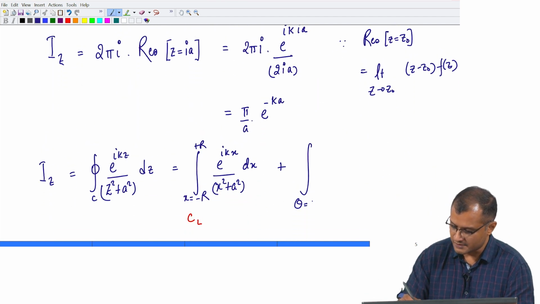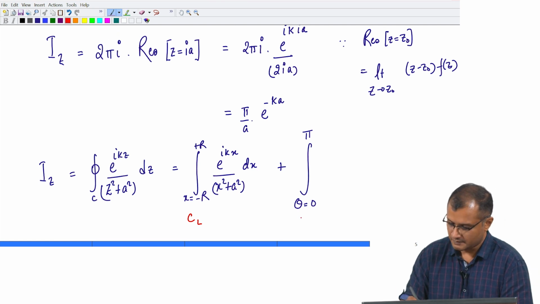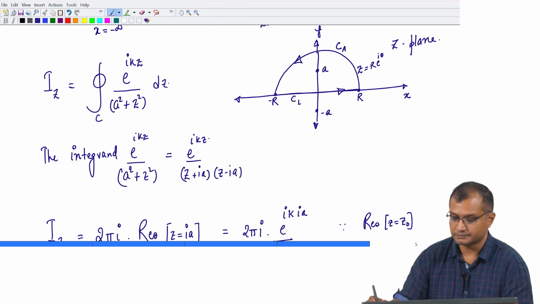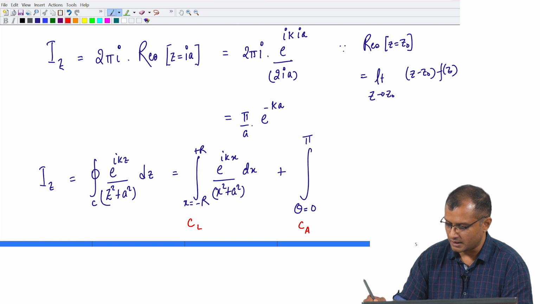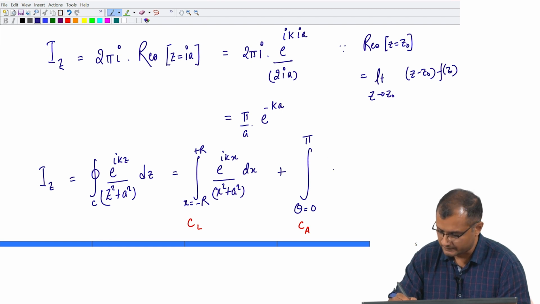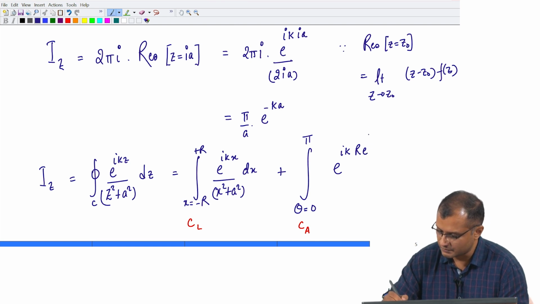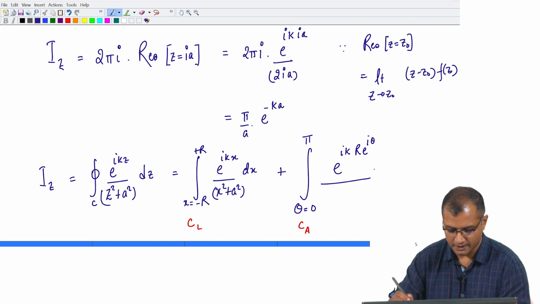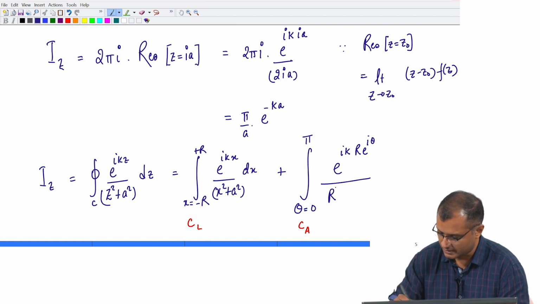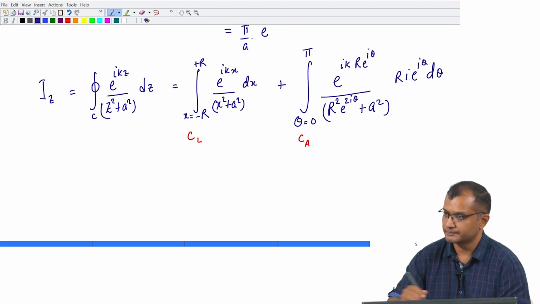So, here theta goes from 0 to pi, and this is my contour C A, the arc, and here my function is nothing but e to the power i k, and the complex variable is r into e raised to i theta, divided by z square, which is r square e to the power 2 i theta, plus a square, and dz would be nothing but r i e to the power i theta d theta, okay.